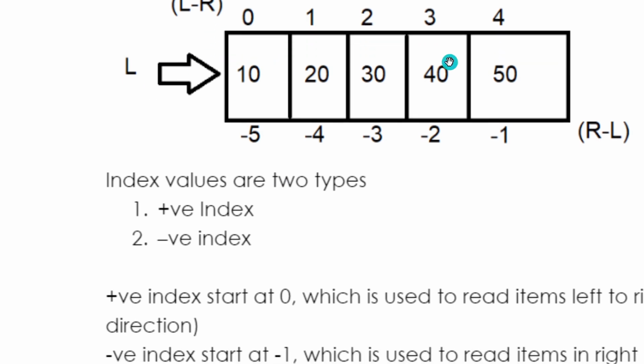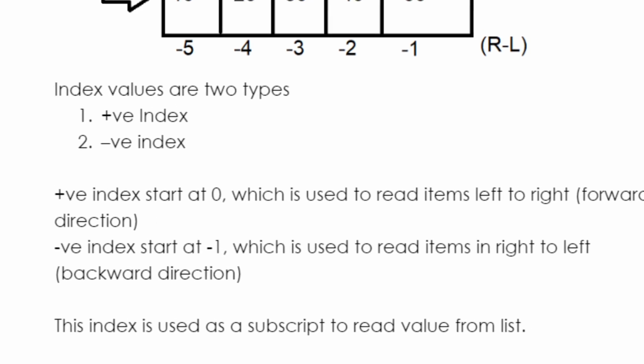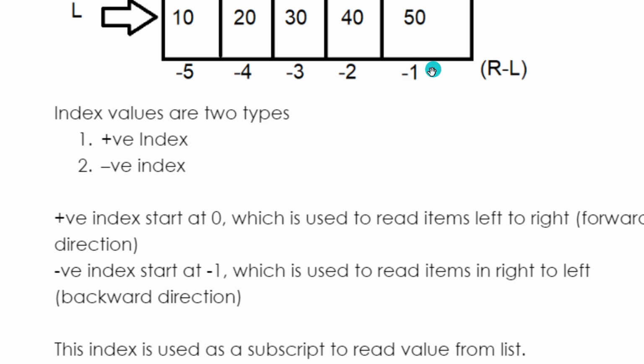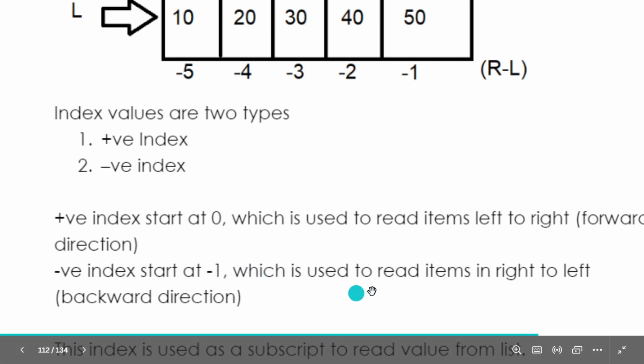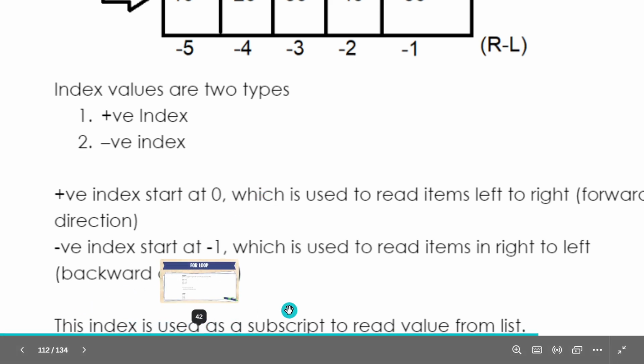If you want to iterate the elements in reverse direction, you use a negative index, which starts at -1 and reads items right to left, known as the backward direction. This index is used as a subscript to read a value from the list.